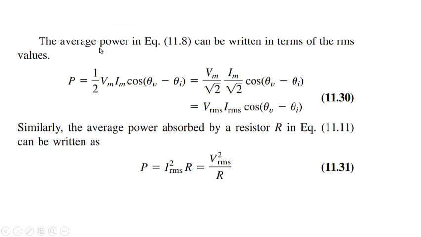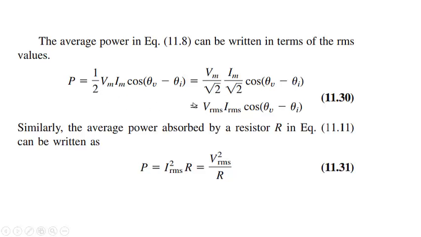The average power can also be written in terms of the RMS values of the voltage and current. We know that the RMS value for a sinusoidal current is Im by root 2, and for a sinusoidal voltage is Vm by root 2. So the power given by 1 by 2 Vm Im cos of theta V minus theta I can be written by splitting the 2 into root 2 and root 2, that is Vm by root 2 and Im by root 2.